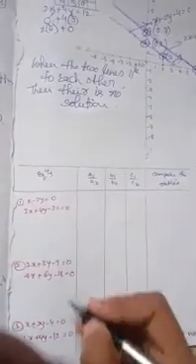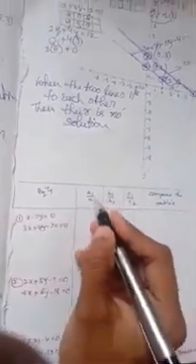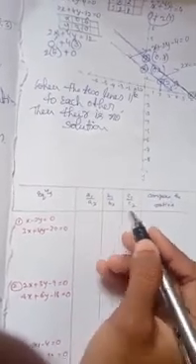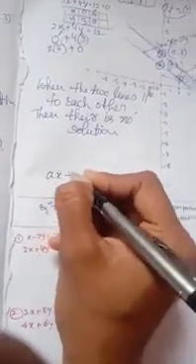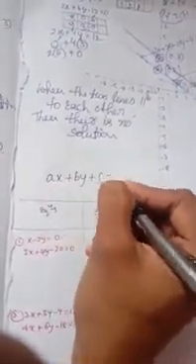When we observe these 3 cases, we conclude using these 3 equations. We find the ratios a1 by a2, b1 by b2 and c1 by c2. All linear equations are in the form ax plus by plus c is equal to 0.